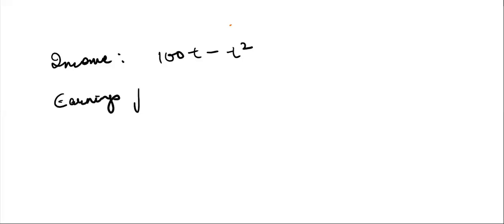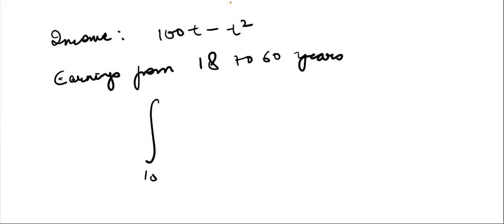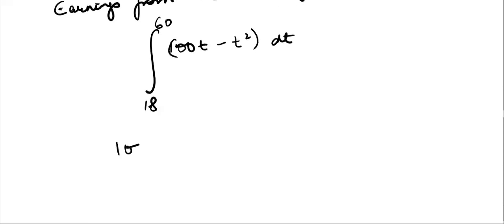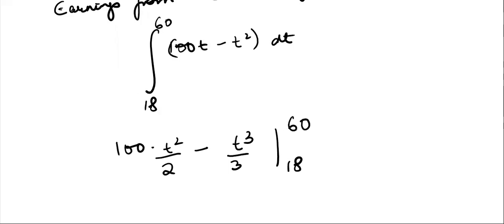So the income equation is given by 100t minus t square. Then earnings from 18 to 60 years would be to integrate this function, 100t minus t square dt. Integration of this would give 100 t square by 2 minus t cube by 3 from 18 to 60.